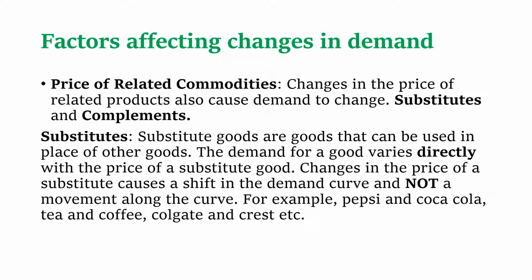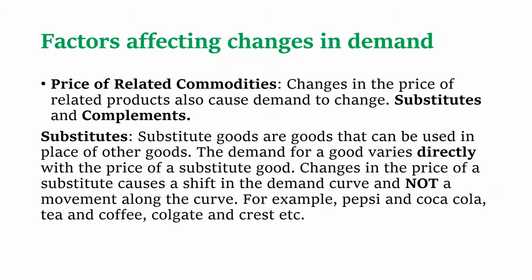If the price of Colgate increases, consumers are going to switch towards the substitute good, which is Crest, right? So more of Crest will be demanded. As a matter of fact, if the price of the related product increases, the demand for the good will increase, right? Now remember, Colgate is related to Crest.